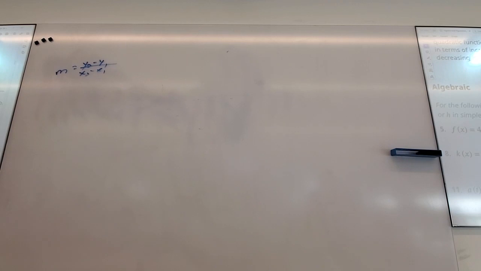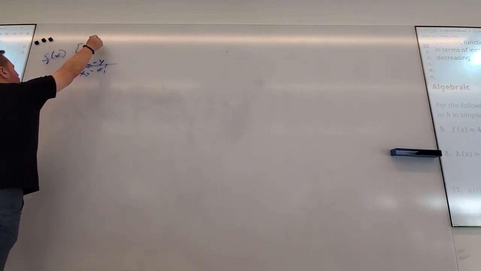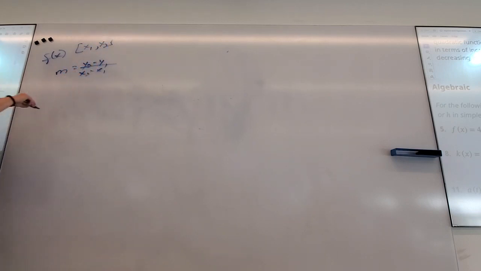Y2 minus Y1 over X2 minus X1. If I know my inputs, how do I determine my outputs? If I know my x's, how do I get my y's? Plug in the x. So if they give me a function, and I want to go from x1 to x2, how do I get y2?